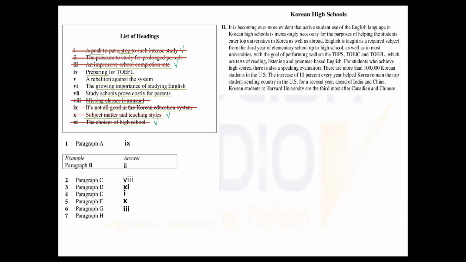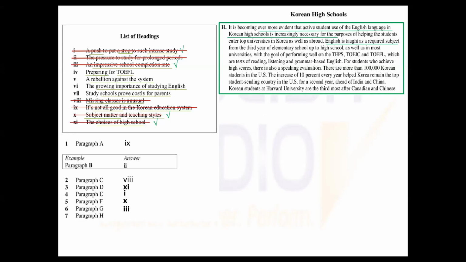For number 7, I choose 6 because it's written there. The active students try, like the Korean high school is increasing for English language. Yes. And it's written also that some of the students are choosing the top universities in Korea as well as abroad. Yes. So I thought the answer is that one. Okay, good job. That's the correct answer for the last paragraph we have, and you also spelled out the correct keywords.